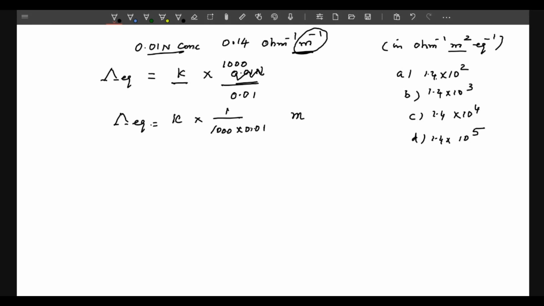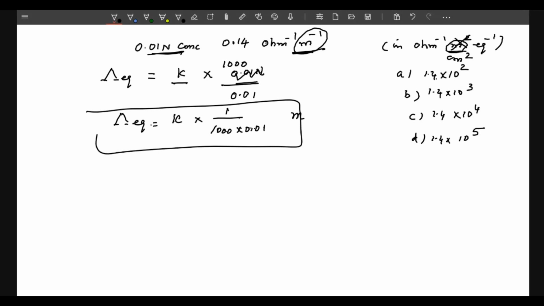Sorry, here meter square, wrongly I have said centimeter square. Here it is given per meter, and in per ohm centimeter square per equivalent is asked. Therefore, they are giving in various ways. If you make use of this formula, you would end up with the meter square unit.